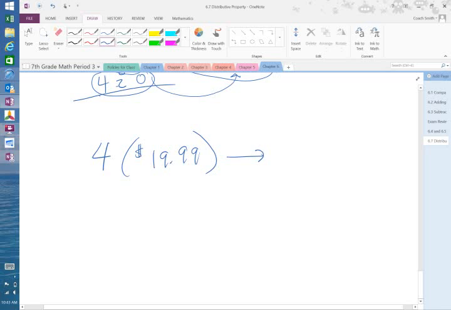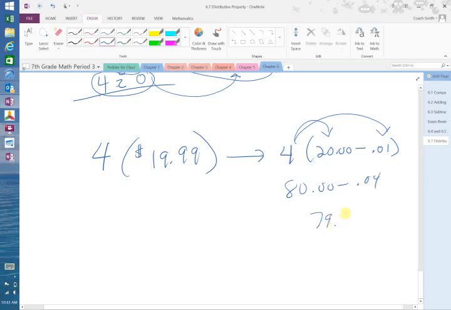He used the distributive property. He took 4 times $20 minus 1 cent. $20 minus 1 cent is $19.99. Then he took and multiplied 4 times that and 4 times that. 80 minus 4 cents. $79.96.